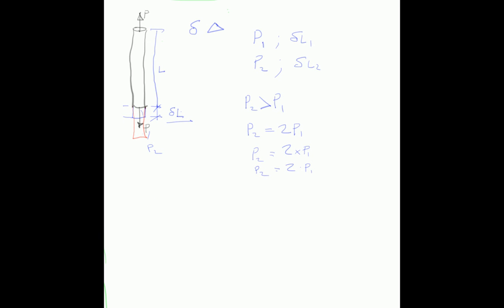I've not drawn that very well. Let's redraw that. So we now have P2, which is twice P1. So P2 is represented by the delta.